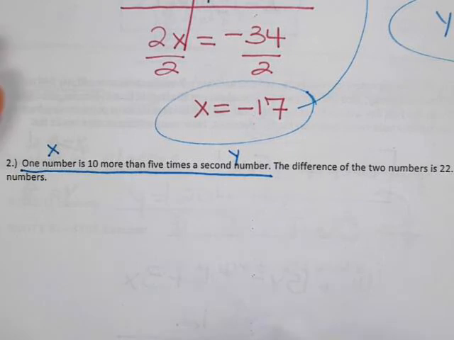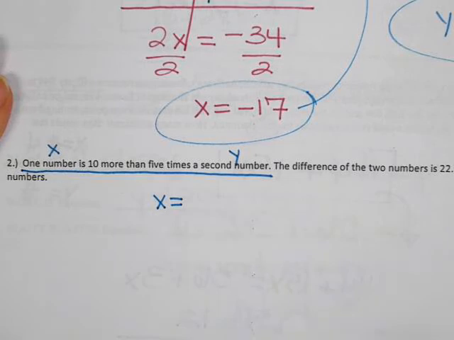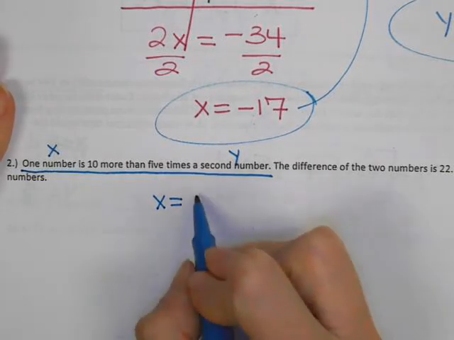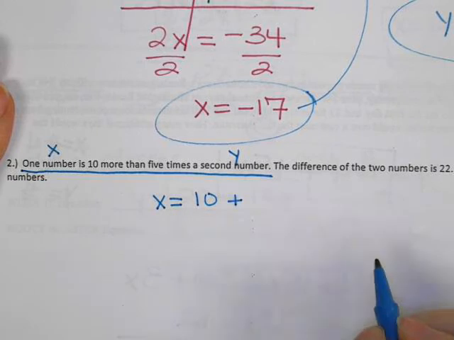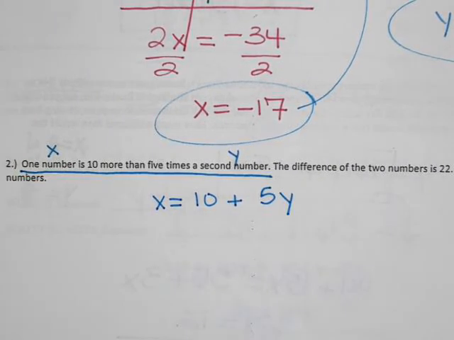So how would you guys write this? One number x equals 10 more than 5 times the second number. So it would be 10 plus 5 times y. 10 more than 5 times a second number.